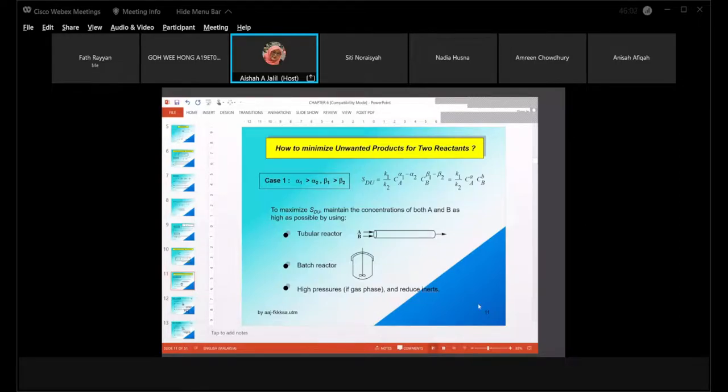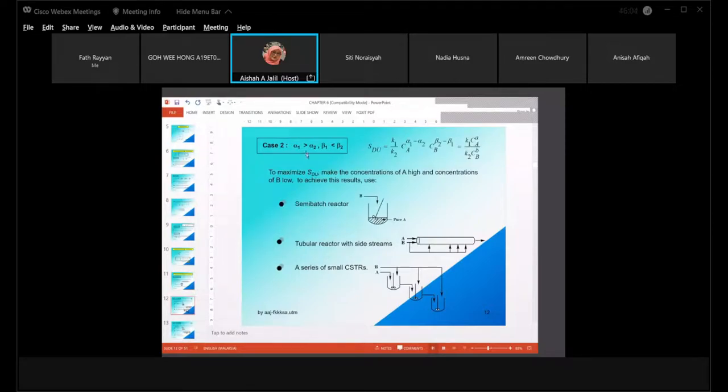Okay, and then case B, what happens when alpha 1 is larger than alpha 2, and beta 1 is smaller than beta 2. Now you have SDU equals K1 Ca to the power of alpha over K2 Cb to the power of beta.